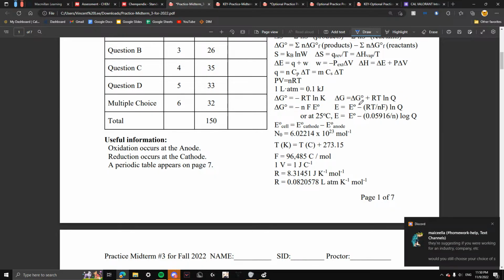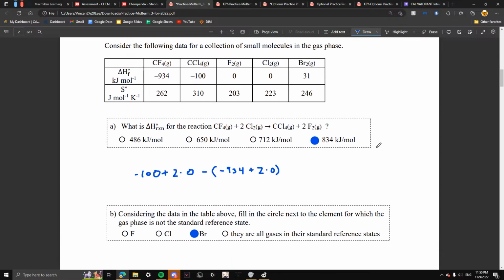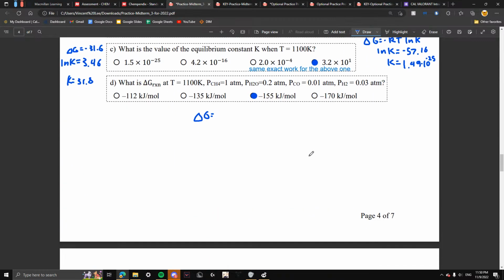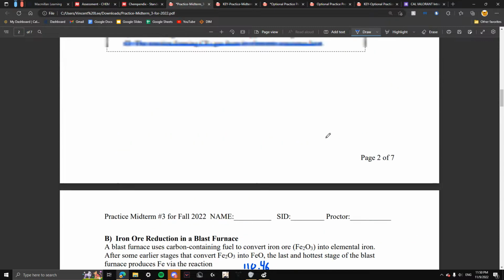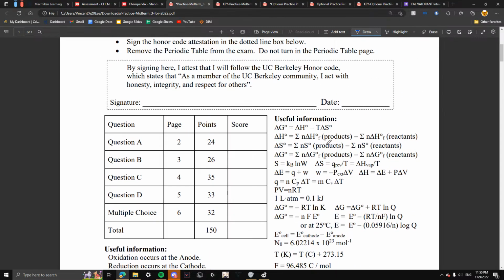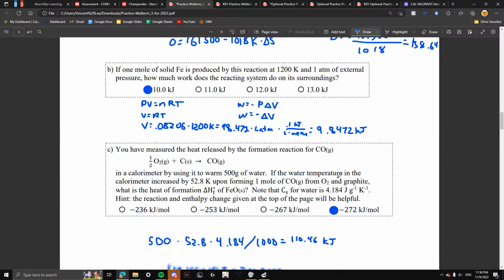So first we calculate our ideal delta G using the T delta S formula, and then we do RT ln Q. I hate having to scroll up every single time. RT ln Q.